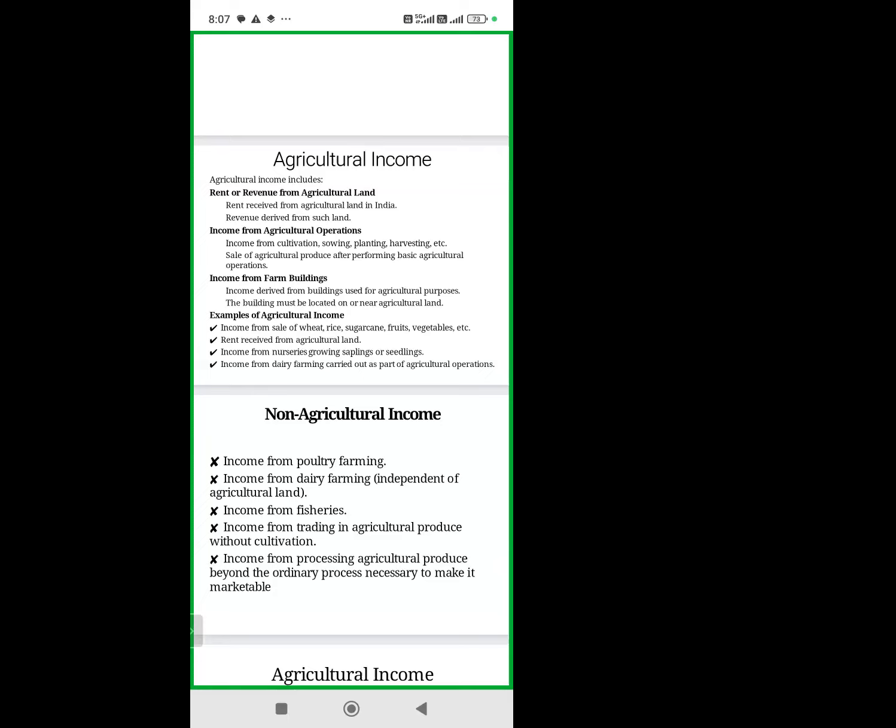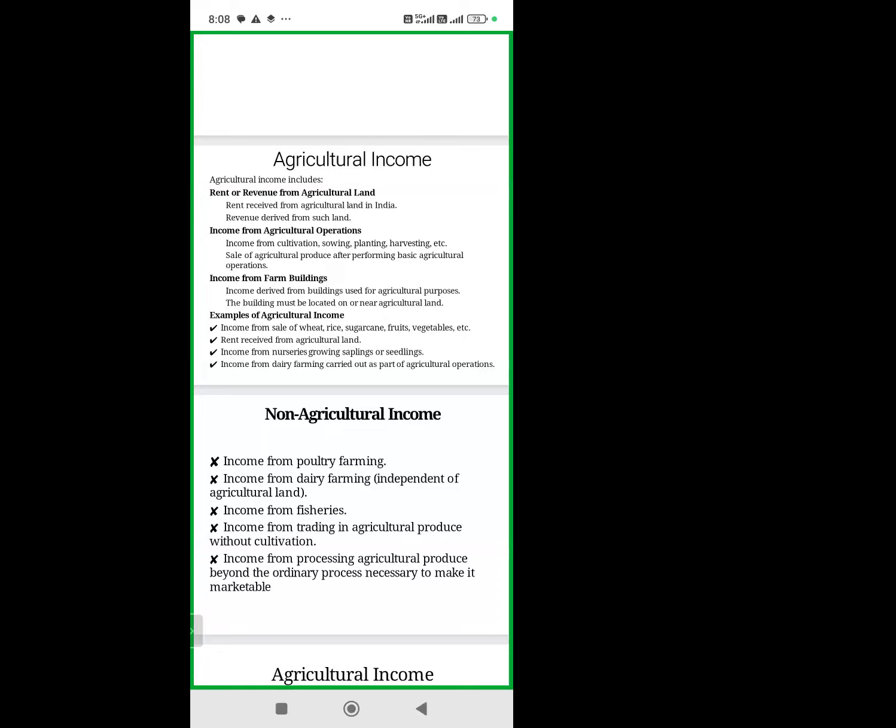Income from fisheries, if we have a tank and are doing fisheries, that is also not agricultural income. Income from trading in agricultural produce without cultivation: if I'm doing trading also, bifurcation is supposed to be done.